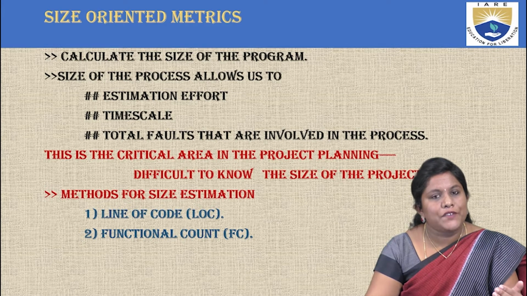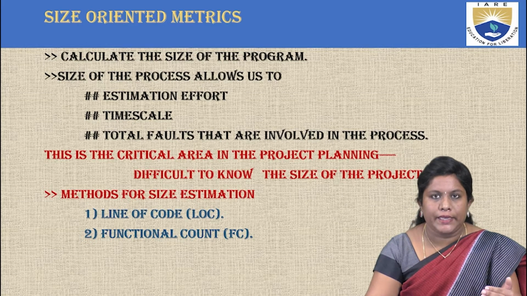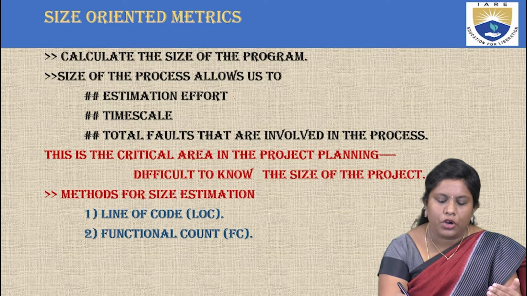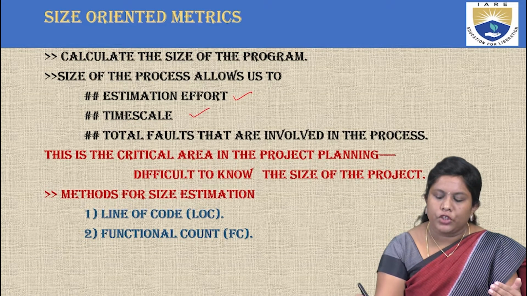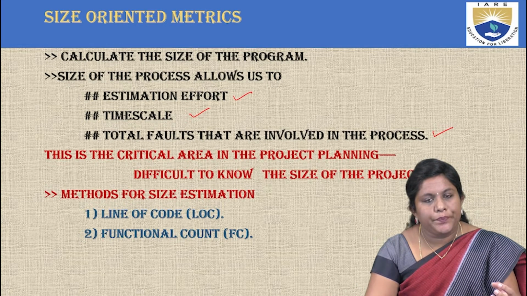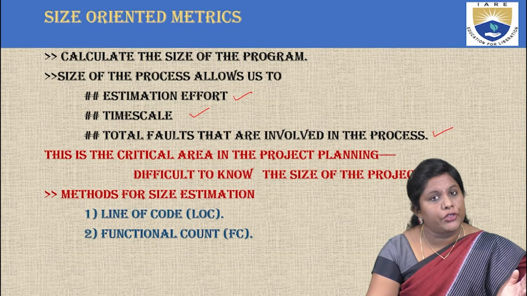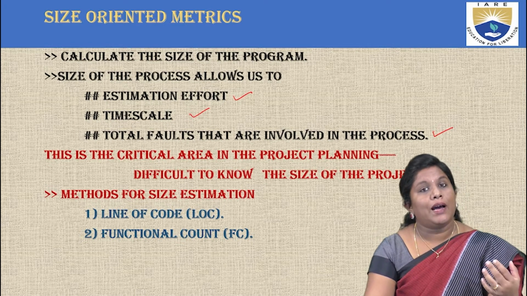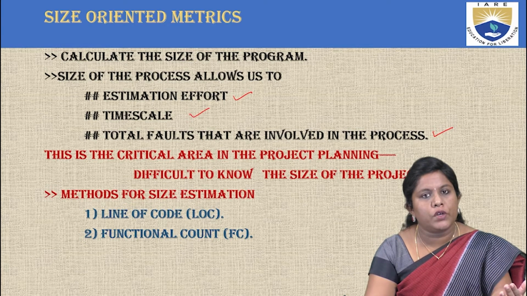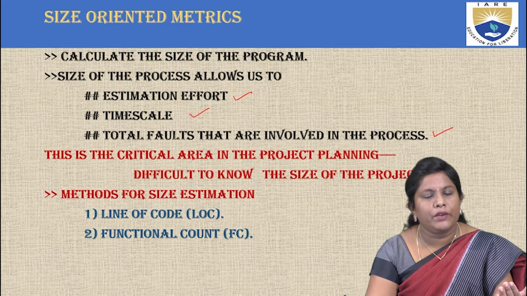And then we have the size of a process, which also allows us to calculate three things: the estimation cost, the time scale, and the faults that are involved in a process. So initially, you have to know the size of the program so that you can concentrate on the other parameters, get the other outputs of the program, and trace out where you need improvement and where you don't.